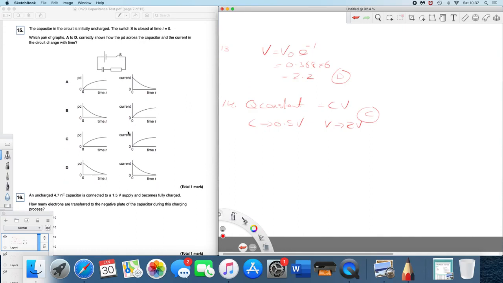Which pair of graphs correctly shows how the PD and the current change with time? Well, it's initially uncharged, so it's going to charge, so the PD is going to rise exponentially, and the current, of course, is going to fall, so the answer has to be A. Nothing too complex about that if you know what you're talking about.